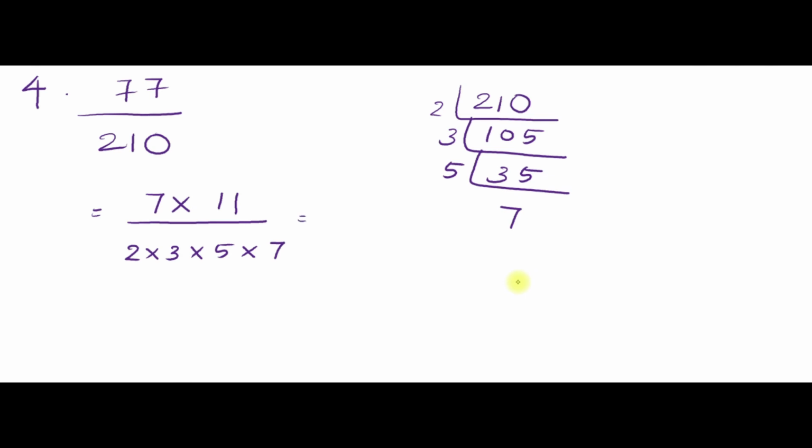This 7 and this 7 cancel, so it is equal to 11 by 2 into 3 into 5. Since the denominator is not of the form 2 raised to m into 5 raised to n, it has 3 as its factor. The decimal expansion of 77 by 210 is non-terminating repeating.